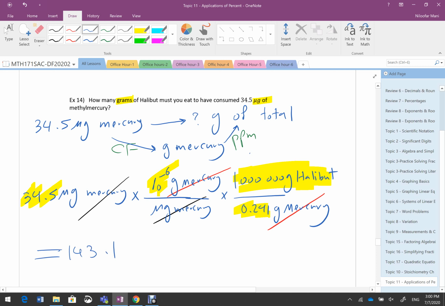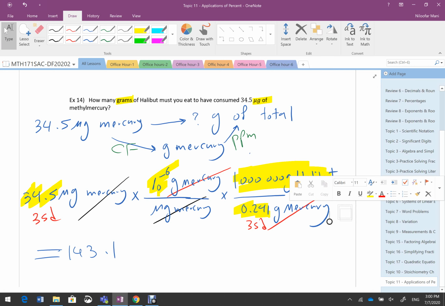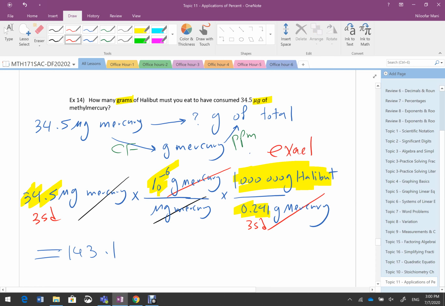And how about the number of significant digits? So 3 significant digits. 1 million, because it's the definition of parts per million, that's exact. That's also exact because it's by definition from the table. Okay, so I underline that, check that.